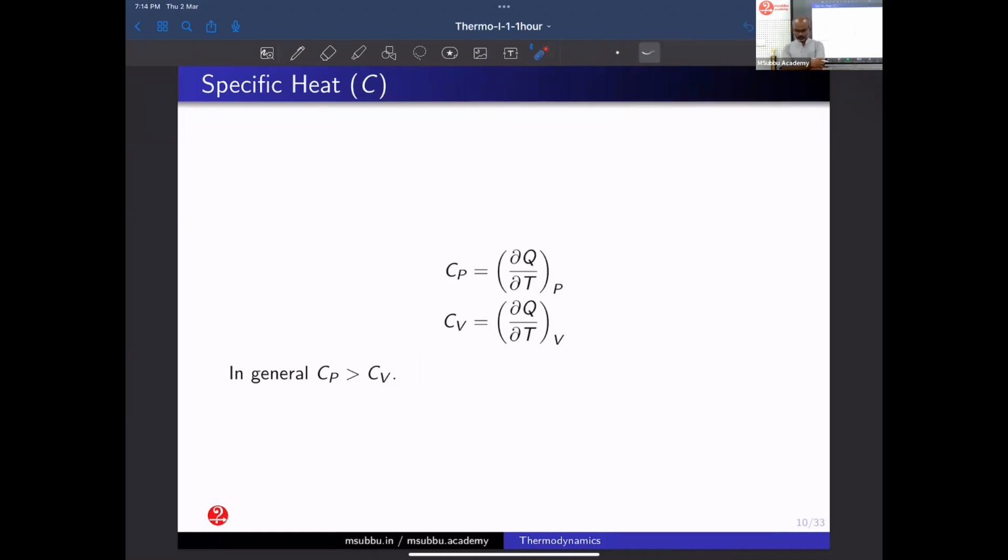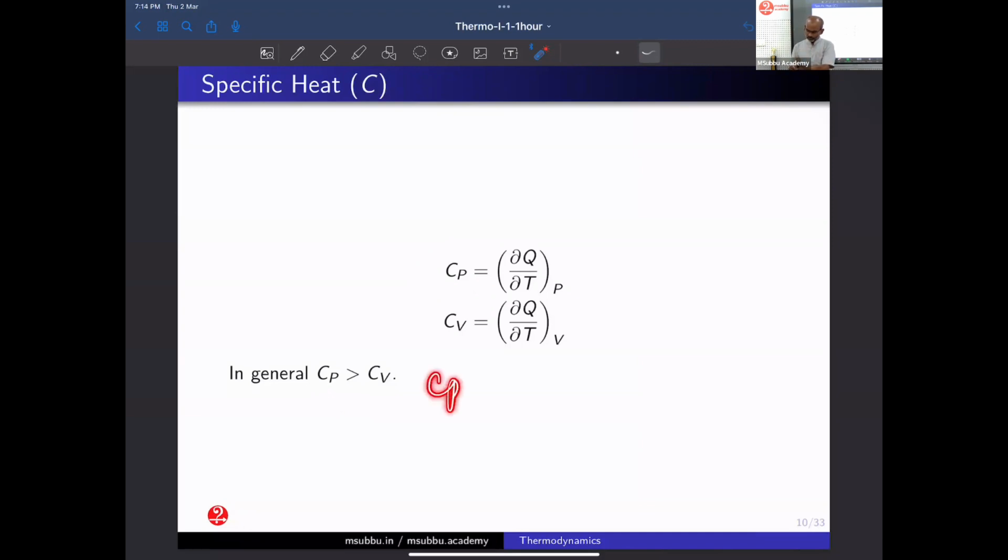Of course, a more detailed explanation will be available in the regular class. Cp is always higher than Cv for gases, but for liquids and solids there is no appreciable difference between Cp and Cv, because liquids and solids don't show much expansion with temperature.